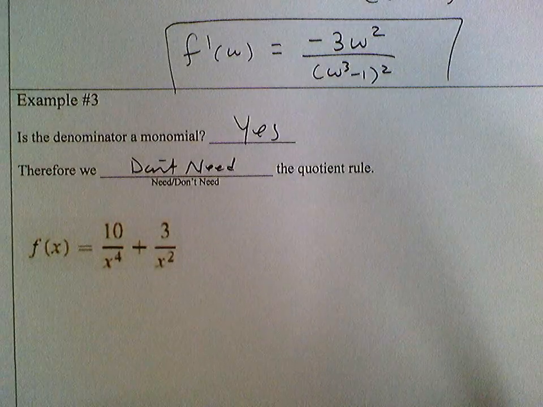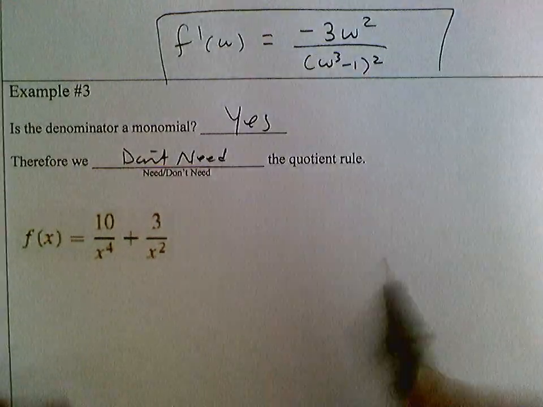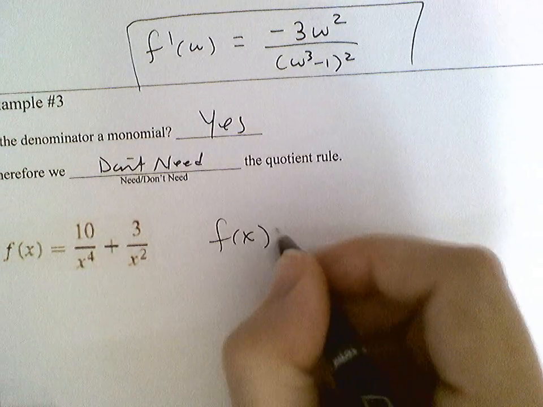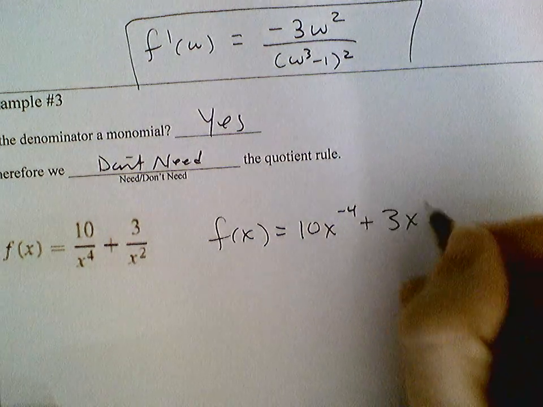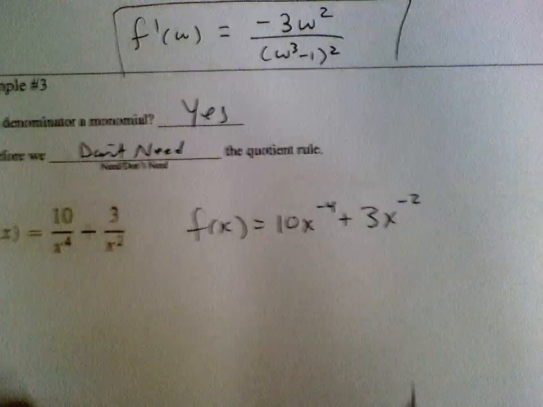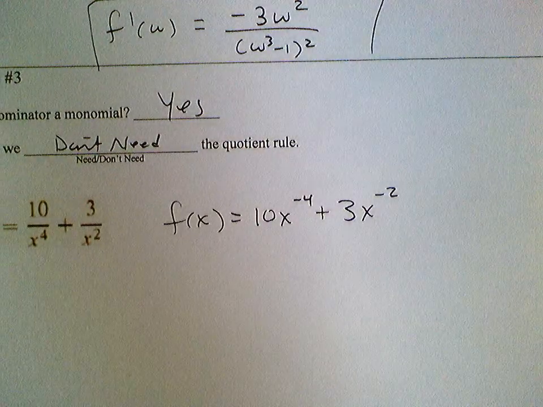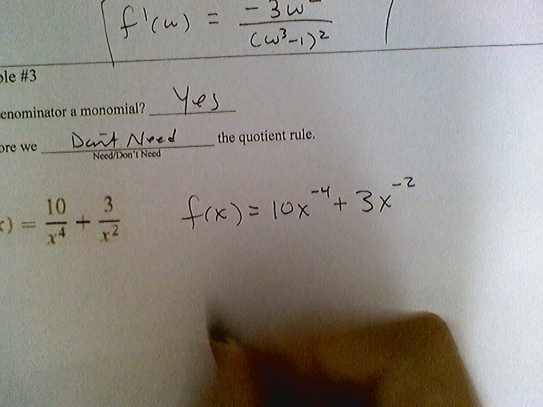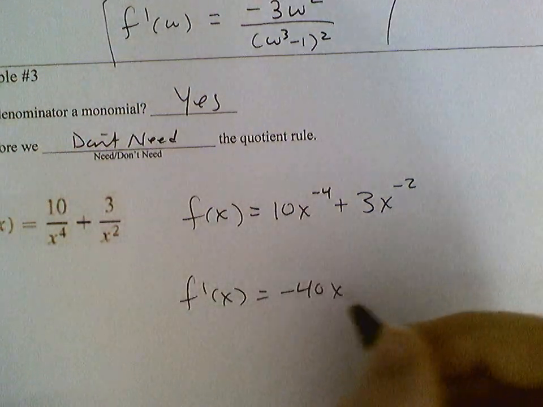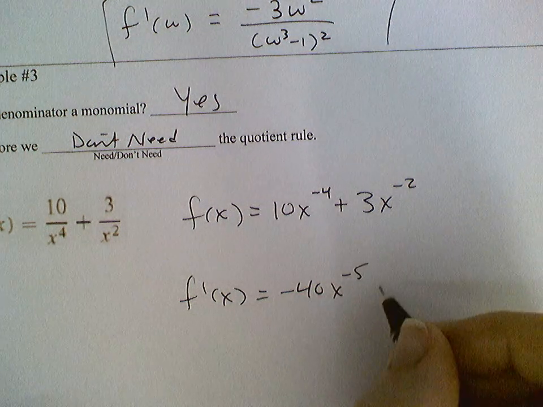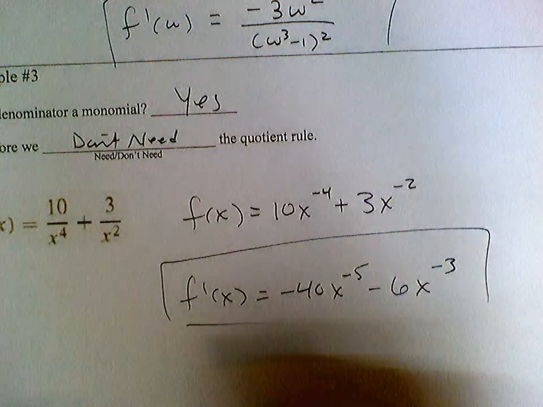And again, you do not want to use the quotient rule if you don't have to. So I'm going to rewrite this as 10x to the negative fourth plus 3x to the negative second. And now this is a sum of terms of the form ax to the n, so I could use the power rule. So f prime of x is negative 40x to the negative fifth minus 6x to the negative third.